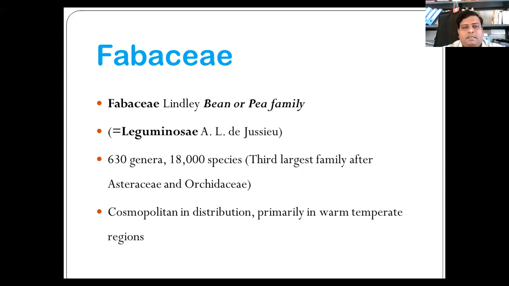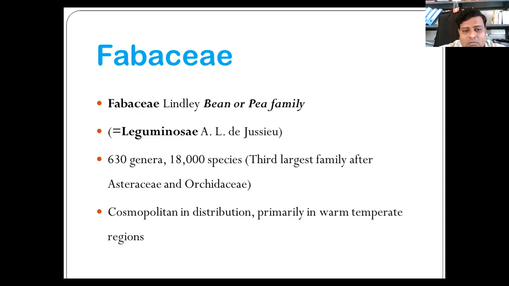This is the family that has traditionally been divided into three subfamilies: Papilionoideae, known as Faboideae, Caesalpinioideae, and Mimosoideae. These have been recognized as independent families in several systems of classification, and that trend has been revised in the last decade.